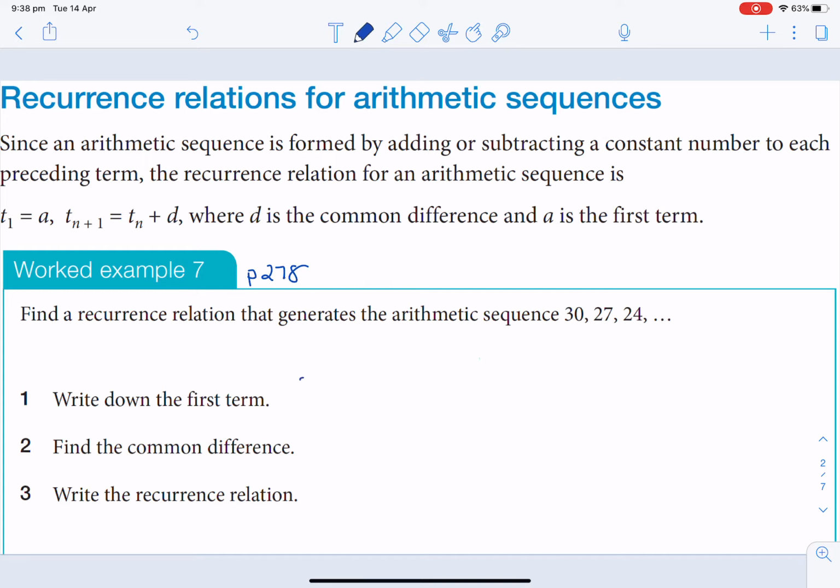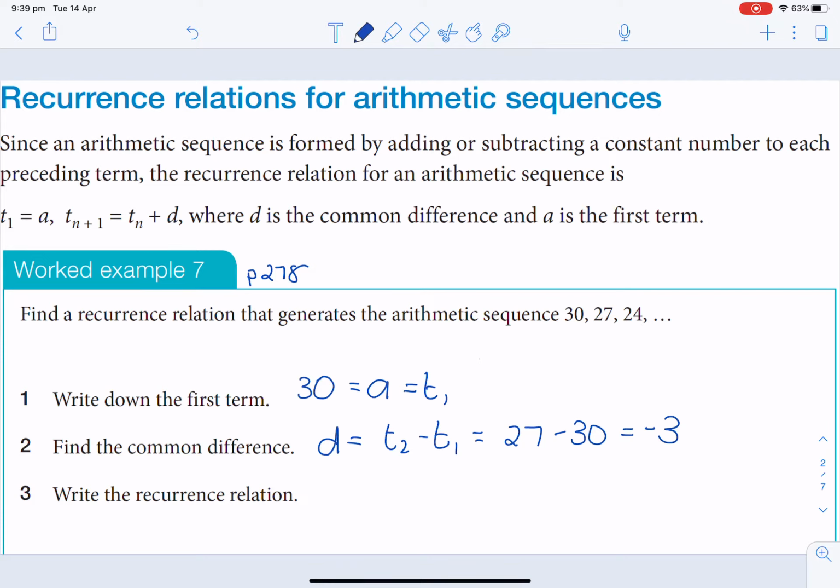As we can see, our first number is 30. So that is my A or my T1 value. My common difference D, using the formula: T2 minus T1 equals 27 take away 30, giving me negative 3.